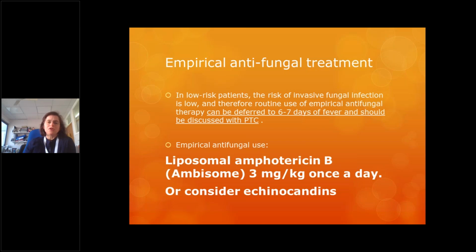Just bear in mind that they would not have had steroid treatment. Often their neutropenic phases are shorter, and also the function of the white cells is normal compared to patients with hematological diseases. So in solid tumor patients, antifungal treatment can safely be deferred to 6-7 days of fever, and should be discussed with PTC.